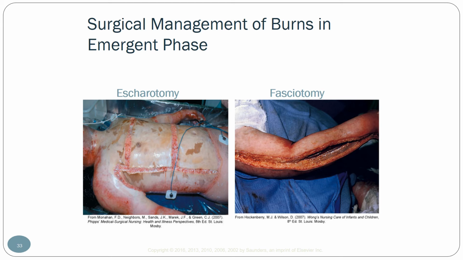The fasciotomy then goes through that as well as deeper layers of skin to really allow for expansion within that limb. Otherwise, we develop compartment syndrome and we lose circulation and we lose the limb.